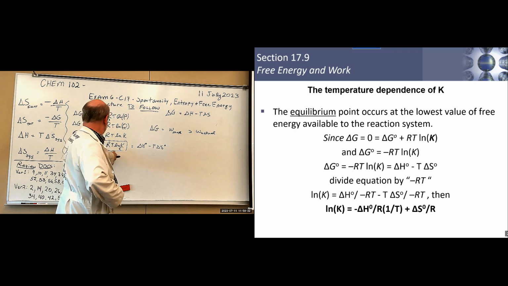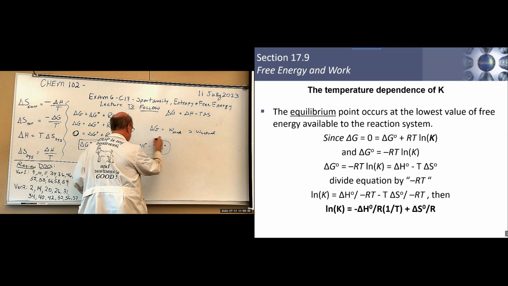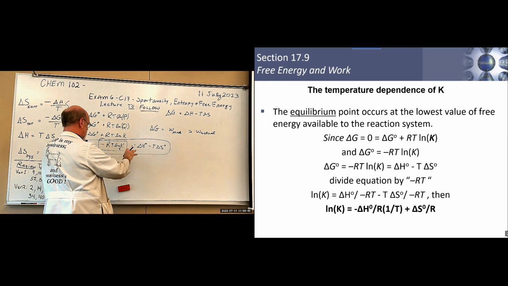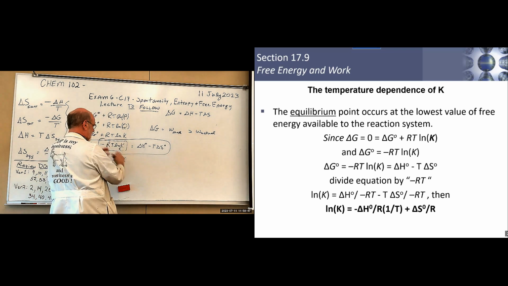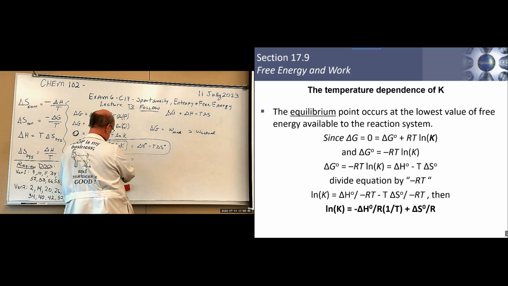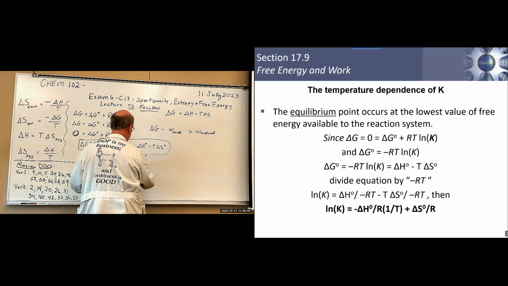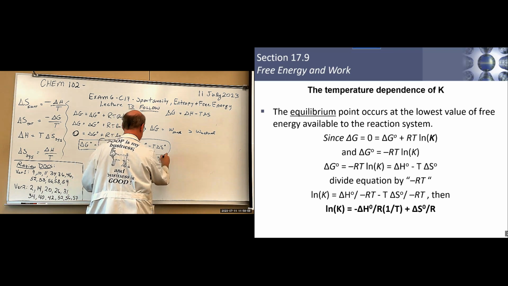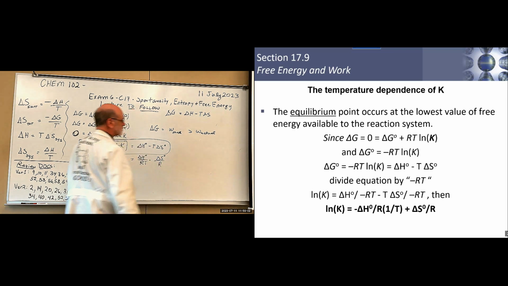Now we have log K on this side, and we've divided everything through by RT. So that's delta H over RT minus delta S, and the T's cancel, so we have R. Correct?